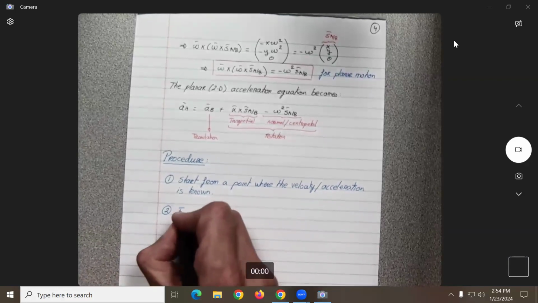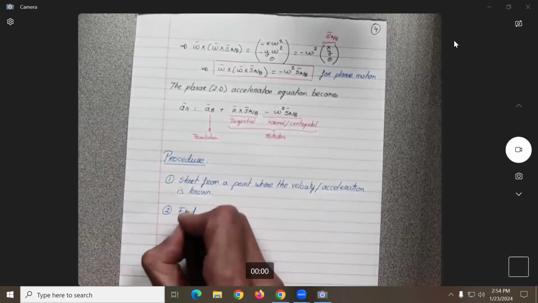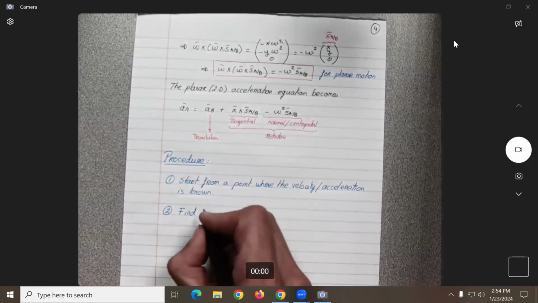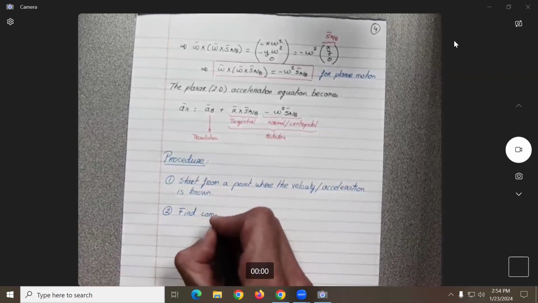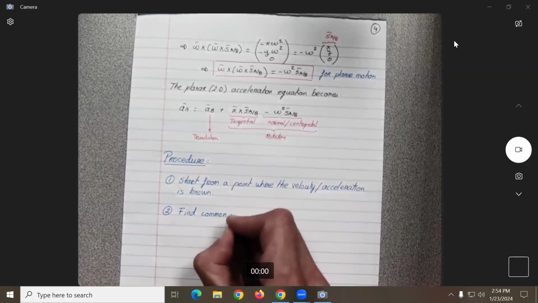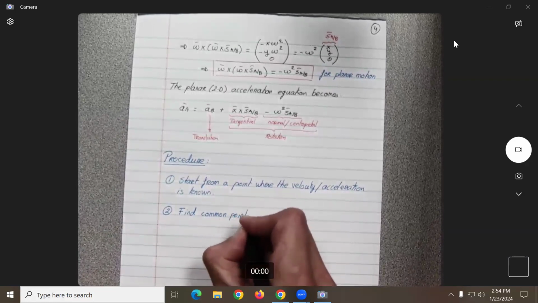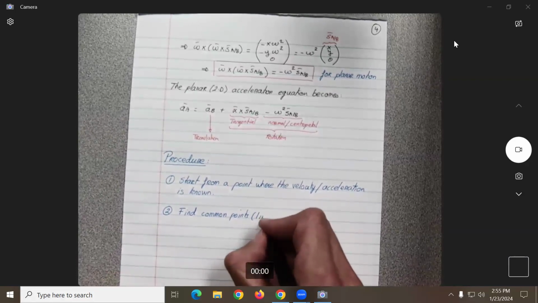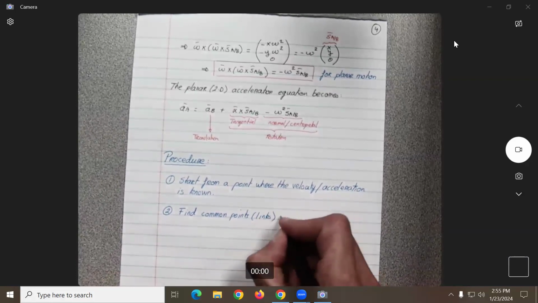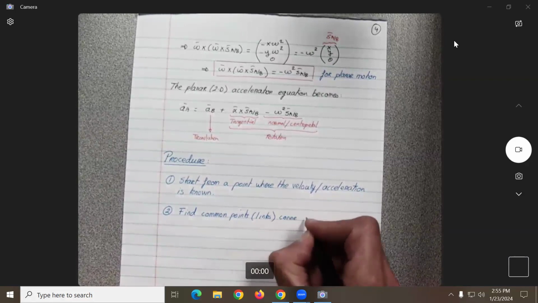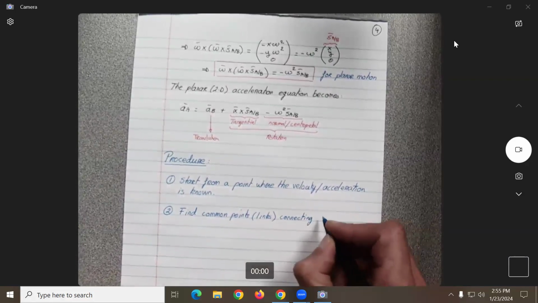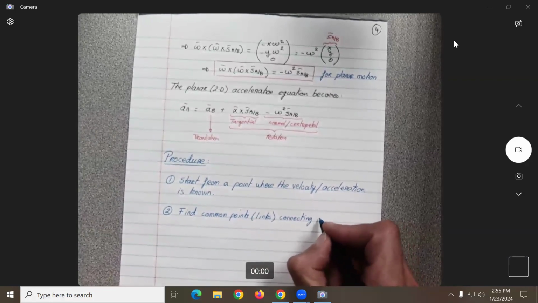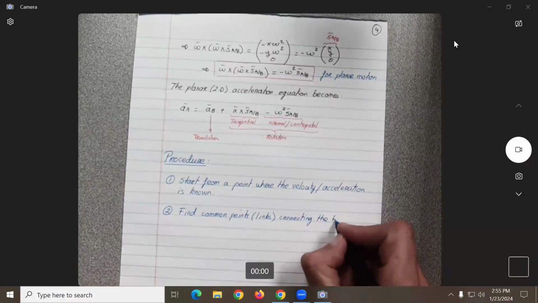Okay, this maybe does not make sense now, but as soon as we do an example, it will. Find common points. So basically it means links connecting the bodies.